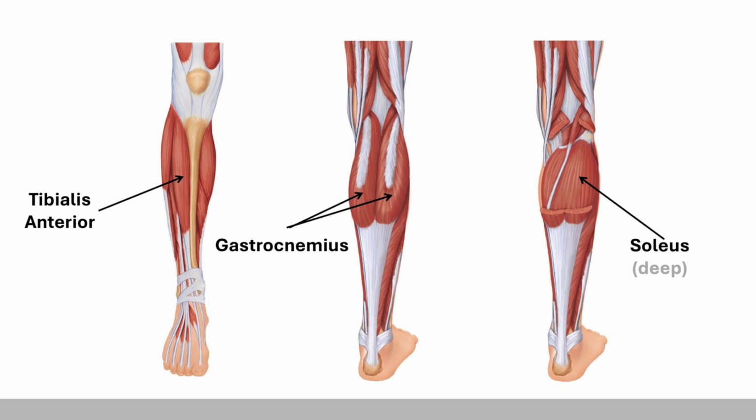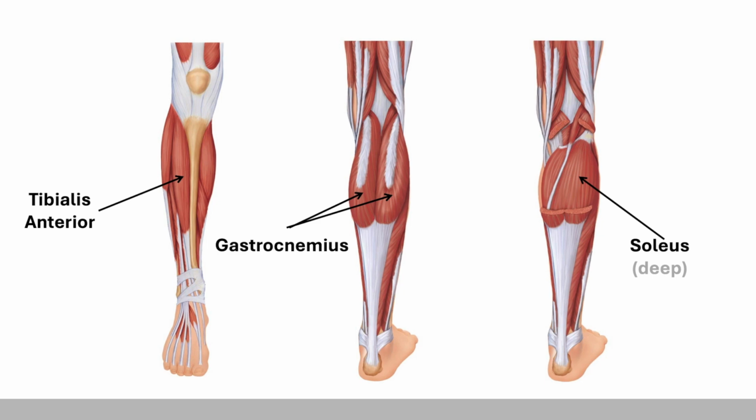Then we've got the gastrocnemius, which is often referred to as the calf. The gastrocnemius actually has two parts to it. It's got like these two teardrop shapes, but they're both the gastrocnemius, and they run down into the back of our foot via that Achilles tendon. And just underneath the gastrocnemius, we've got the soleus. So it's deep there, underneath the gastrocnemius.